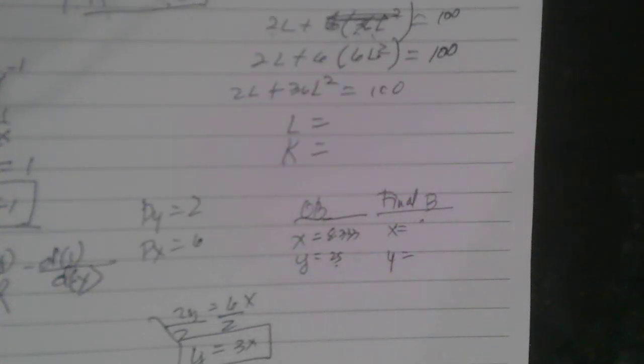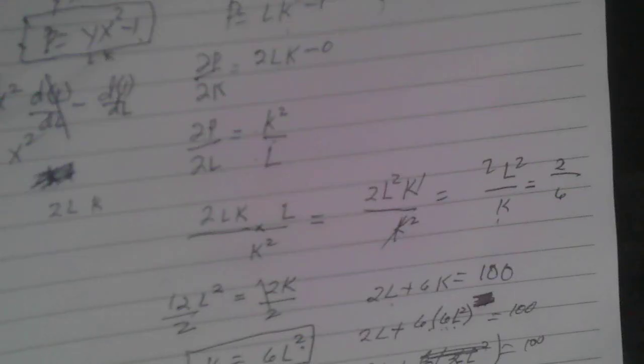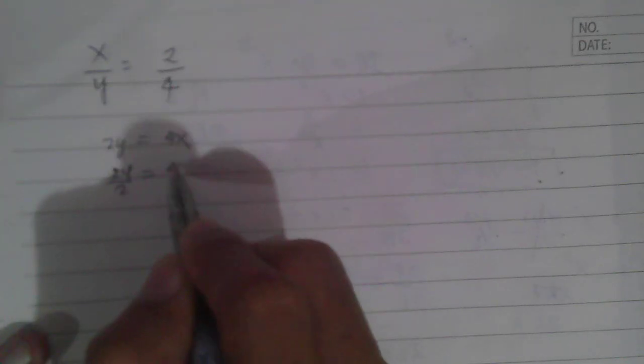Let's say the price of x becomes 4. The price ratio changes, so now it becomes 2 over 4. So you have 2y equals 4x. 2y divided by 2, 4x divided by 2, y is equal to 2x.